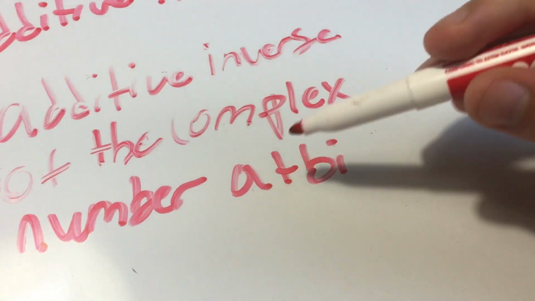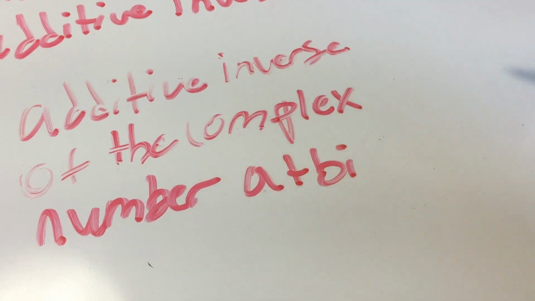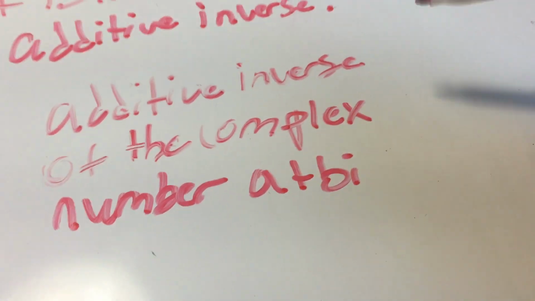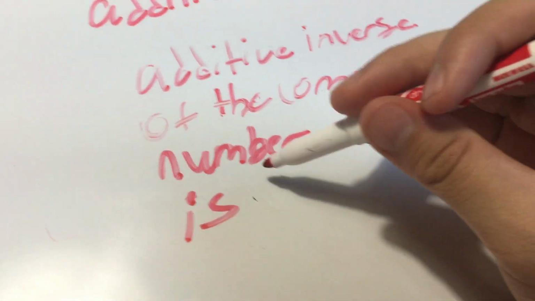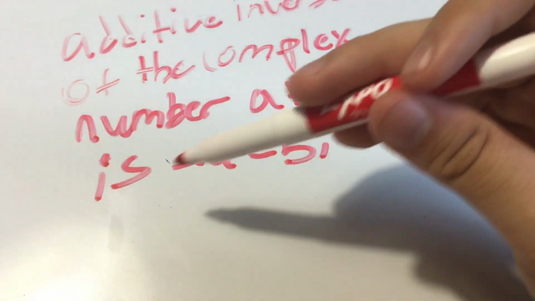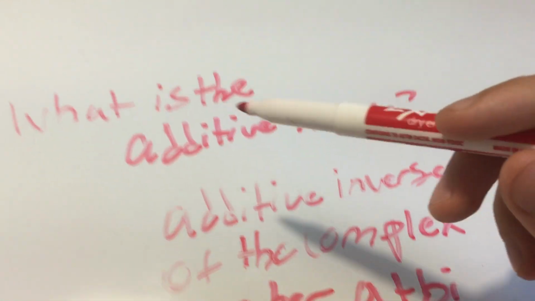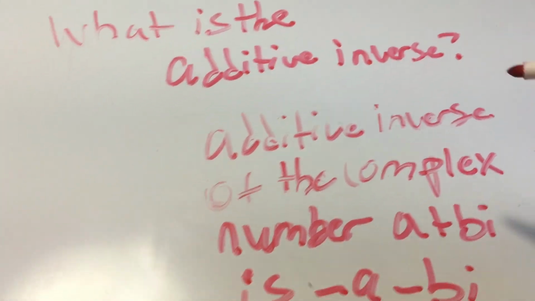Remember the form a plus bi? That's how complex numbers should be written as your final answer. It is negative a minus bi. So you pretty much change the signs when it's asked for what is the additive inverse.